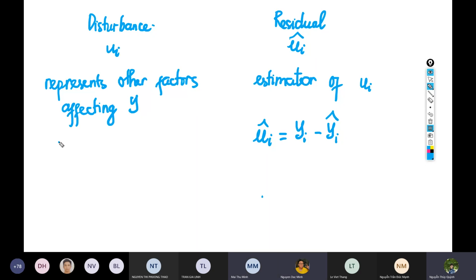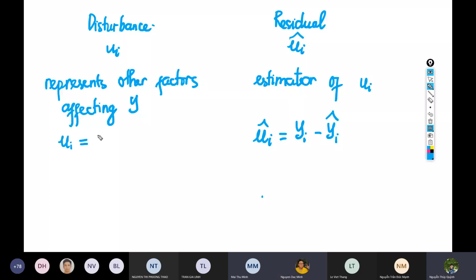The disturbance u i is the difference between the population mean and the observed value.